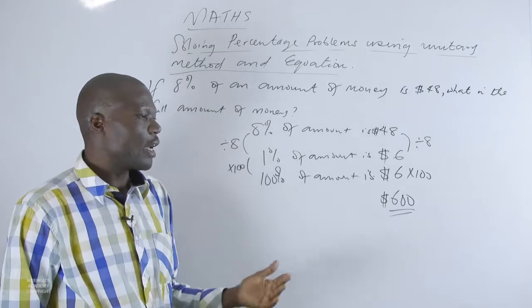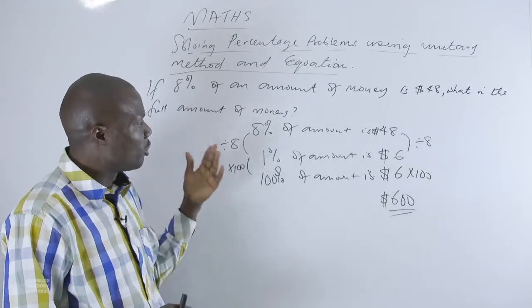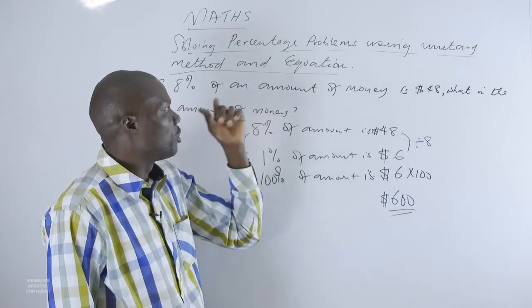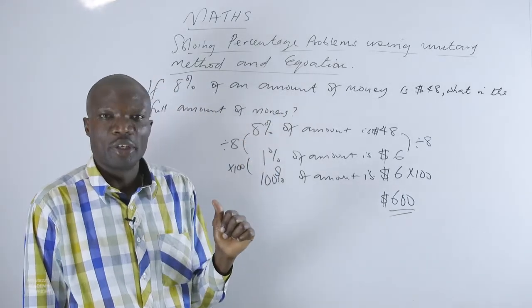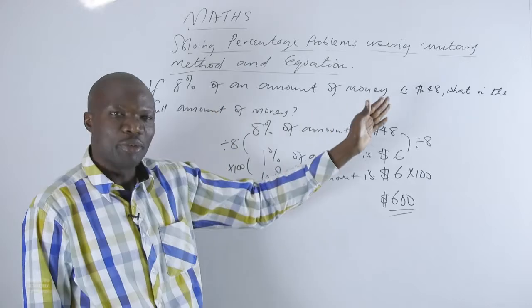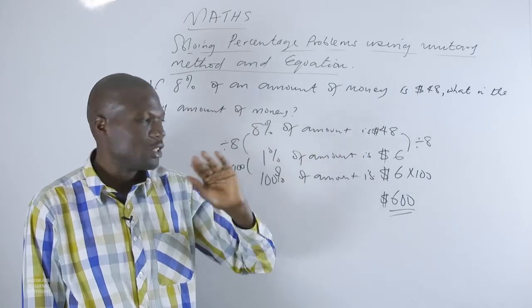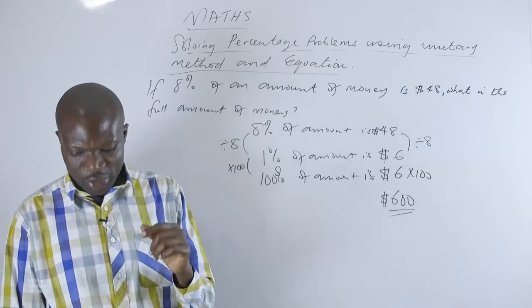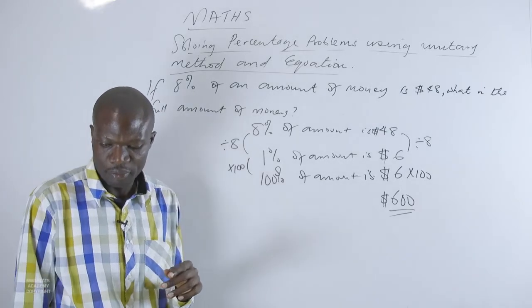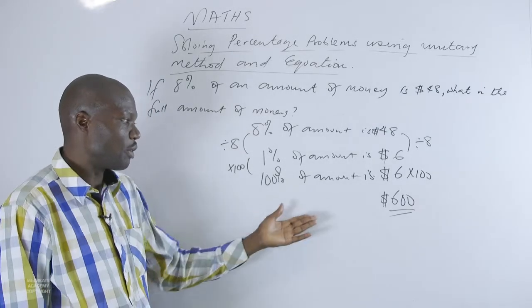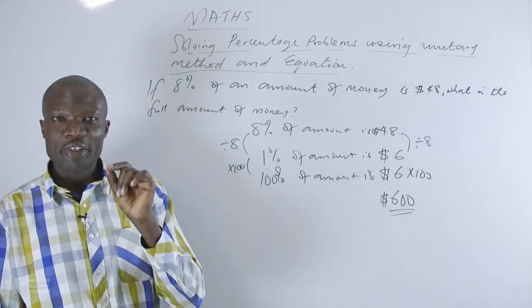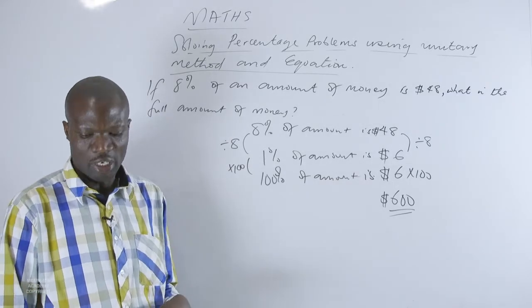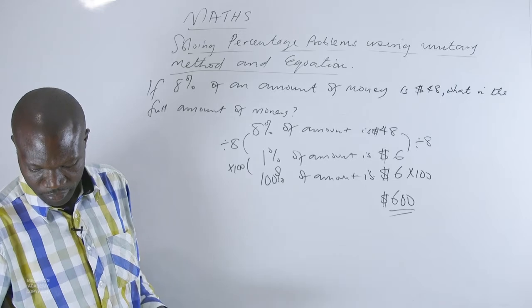So we are able to find the whole amount of money given 8% is $48. So the whole amount is $600. That is one of the methods. There is an alternative method also which can still assist us to resolve this question.